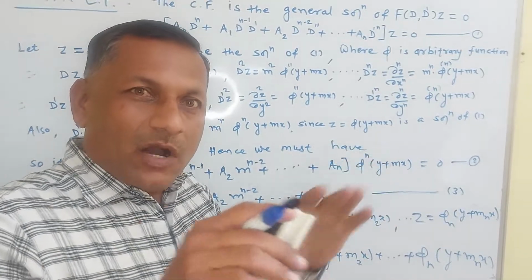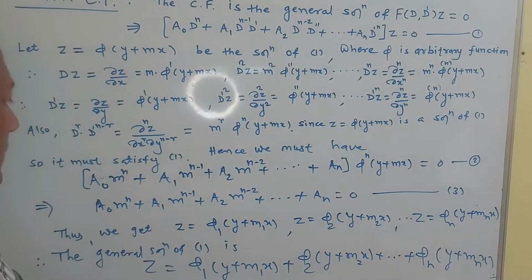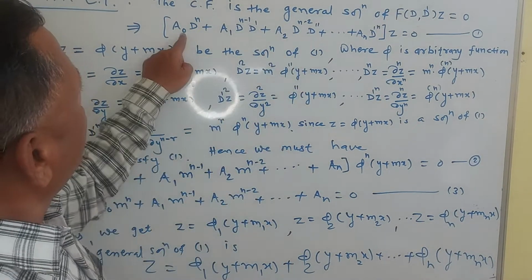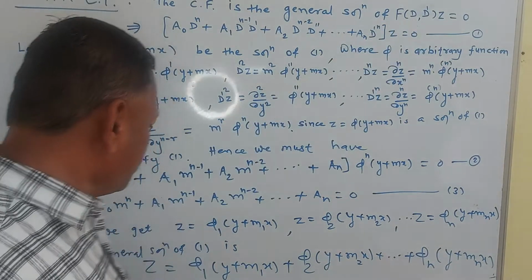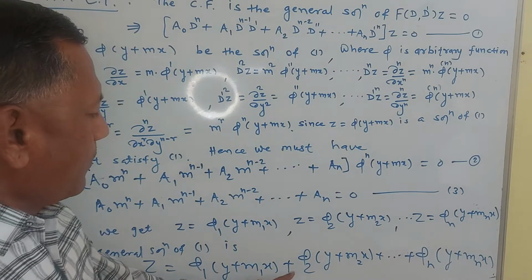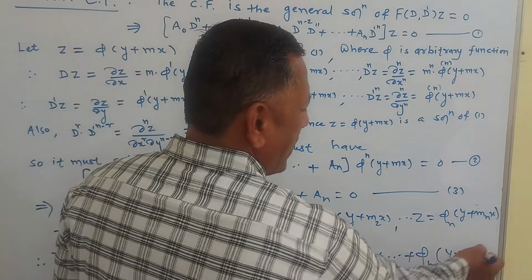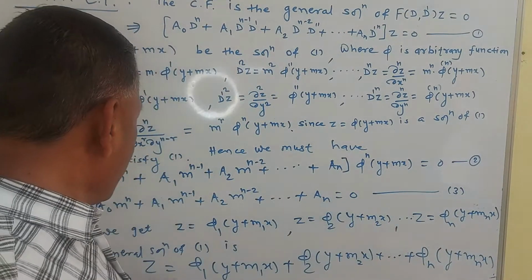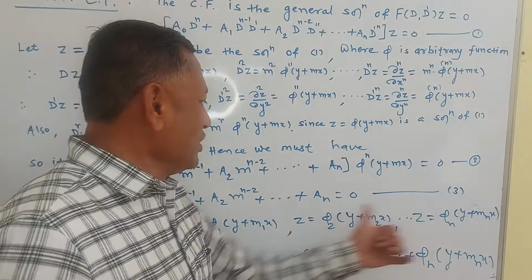Then addition of all solutions is again a solution of the given equation. Therefore the general solution of equation 1, that is f of D, D dash operated on z, is z is equal to phi 1 of y plus m1x plus phi 2 of y plus m2x plus phi n of y plus mnx. Means addition of all solutions is a solution, and therefore the general solution is given by addition of these solutions.